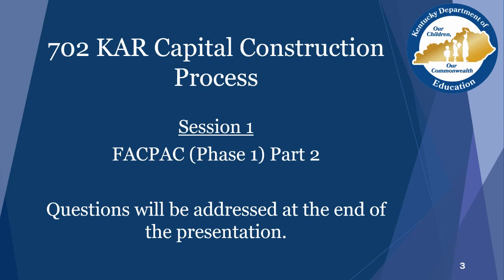We answered what is FACPAC, who has access to FACPAC. We demonstrated where the FACPAC user guide is. We discussed FACPAC communications and system generated notices. We touched on creating a project, creating a BG1, submitting a BG1 to KDE, the relationship of a BG1 to the district facility plan, and fund sources.